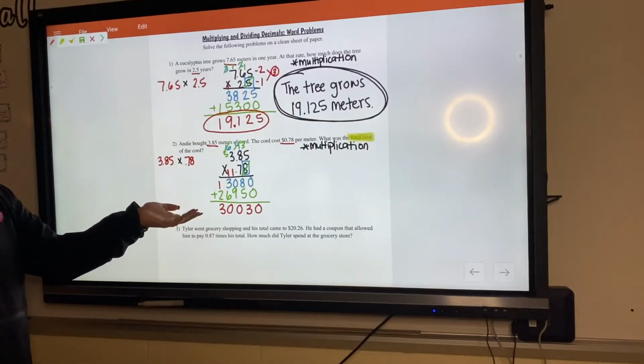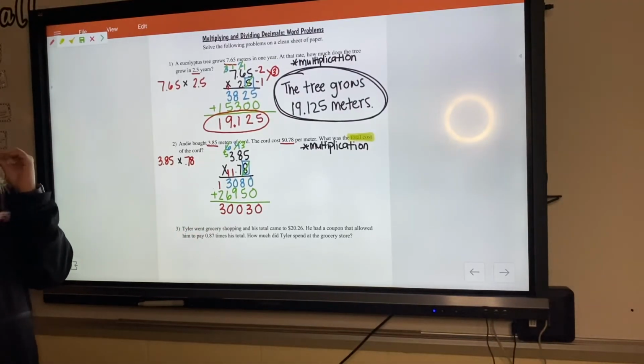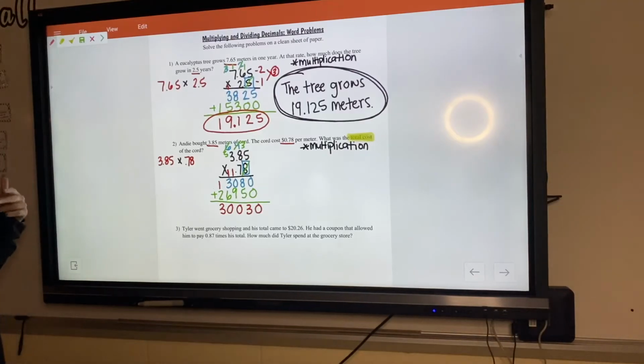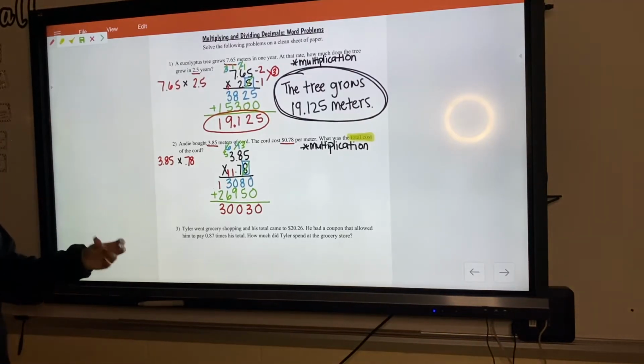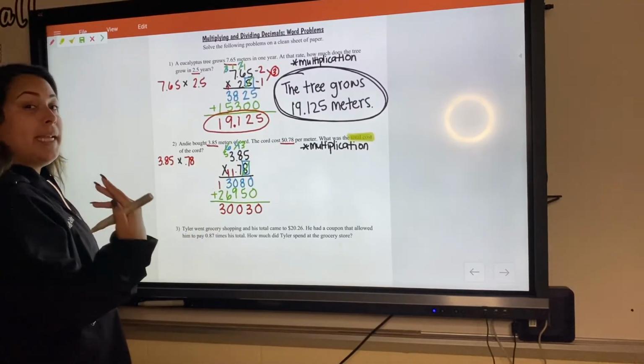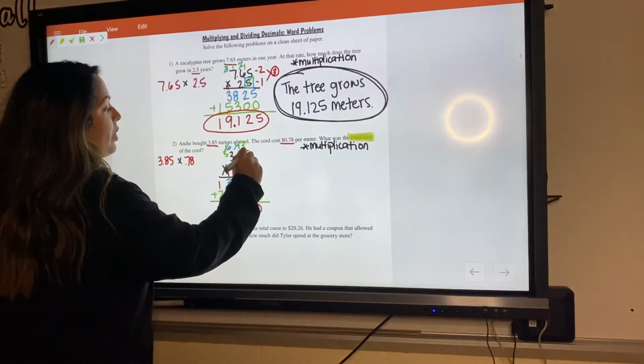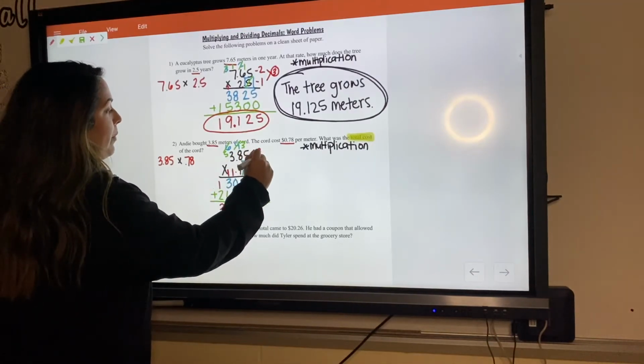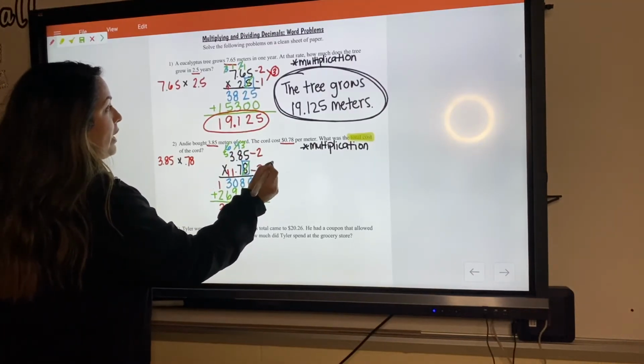But I don't have it finished because I need to put a decimal point somewhere in there. So I need to look at how many numbers are behind the decimal point in my answer. So I have 2 up here and 2 down here. When I add those, I get 4.